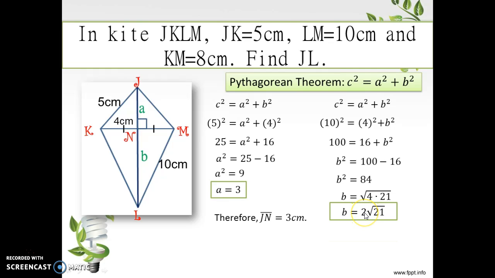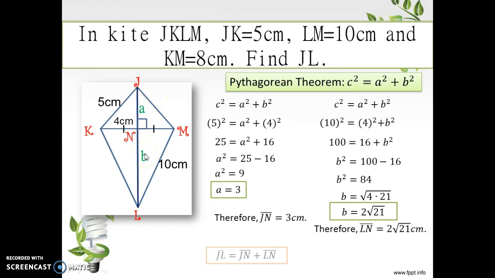So therefore, my final answer would be 2 square root of 21. So therefore, we can say that line segment LN here is equal to 2 square root of 21 centimeters. So we now have A and B.